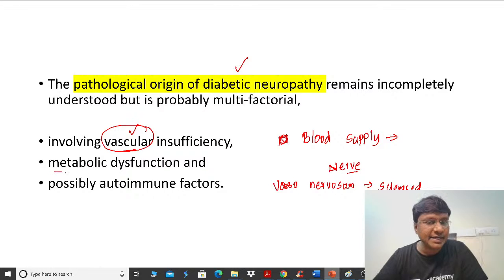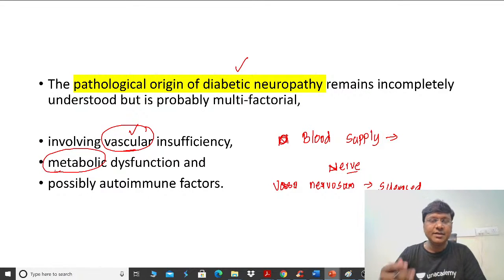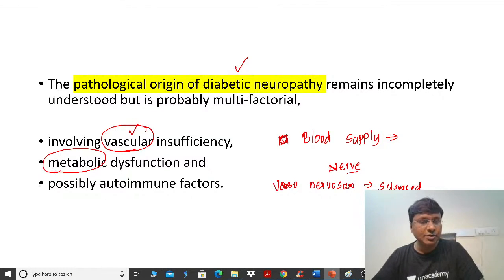Next thing is metabolic dysfunction. Please tell me, what are the metabolic byproducts formed in diabetes mellitus which are responsible for the development of its complications? Any one of you? Yes.